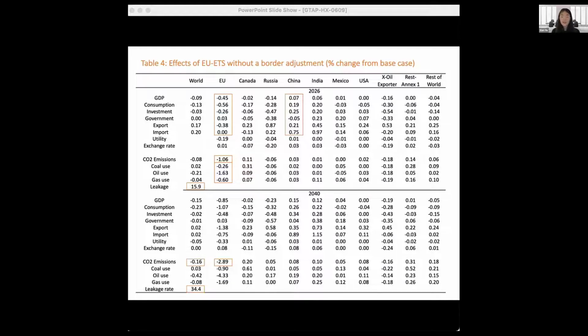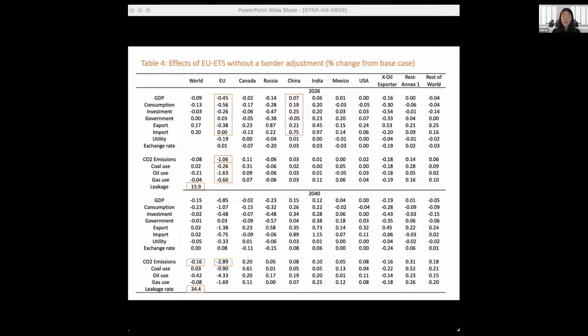And in the other regions of the world, there are different effects depending on whether they are energy exporters. First, we can look at China, which is an energy importer and a major exporter to the EU. You can see China's GDP in 2026 has only a small change, with a 0.21 increase in exports and a 0.75 increase in imports.